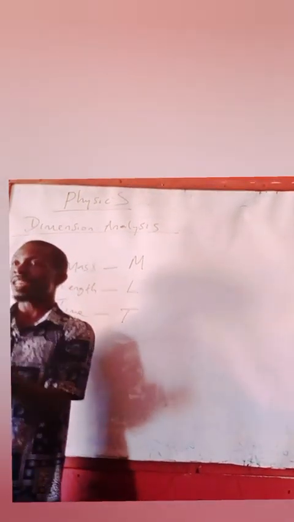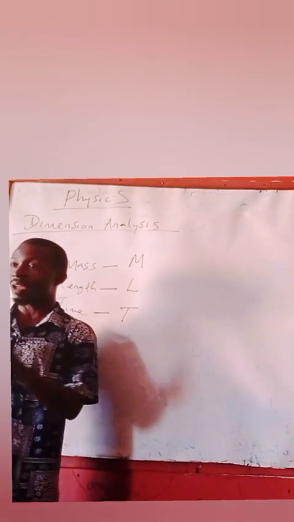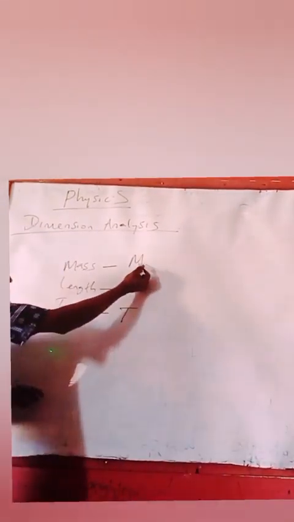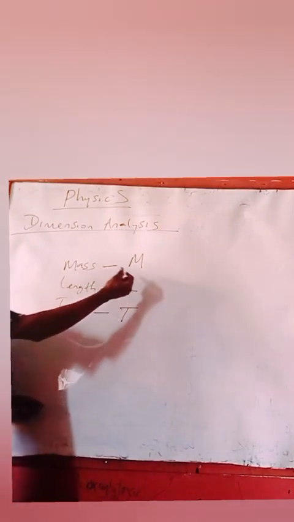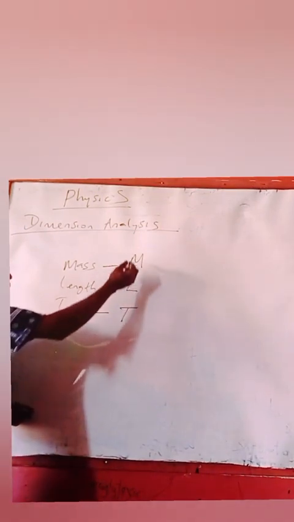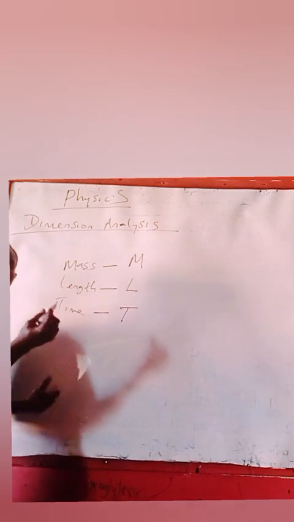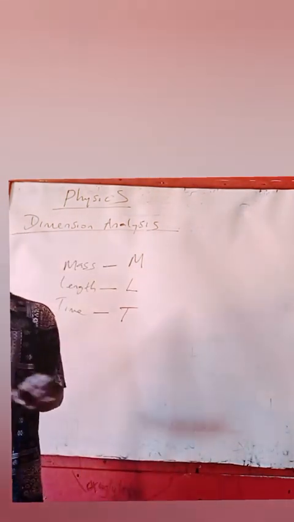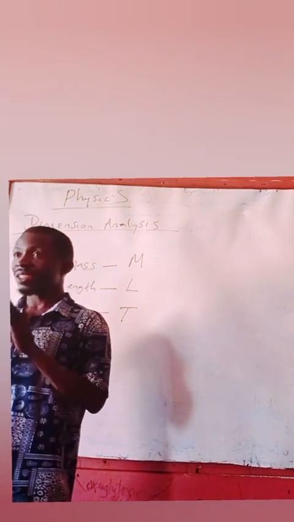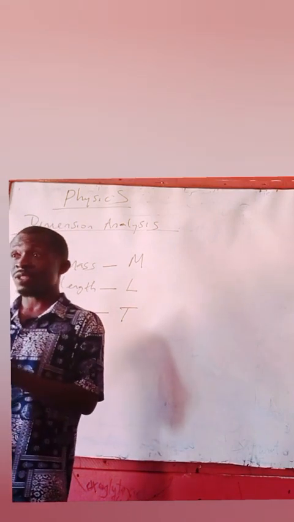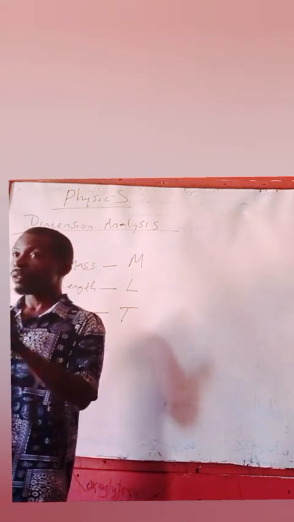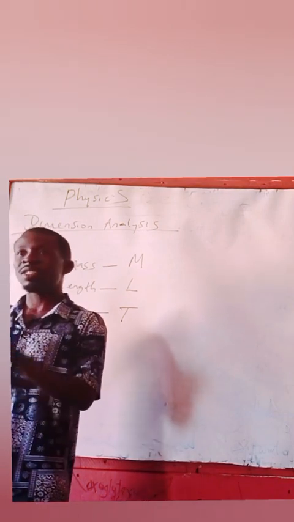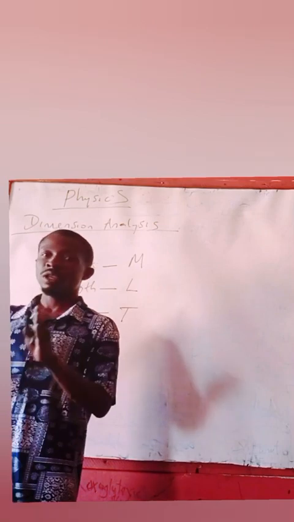In all the answers and derivations you're going to get in dimension analysis, it is going to be expressed as M, L, T. M, L, T is going to be the end product of all your derivations, calculations, or workings in dimension analysis. Here M represents the mass, L represents the length, T represents the time.